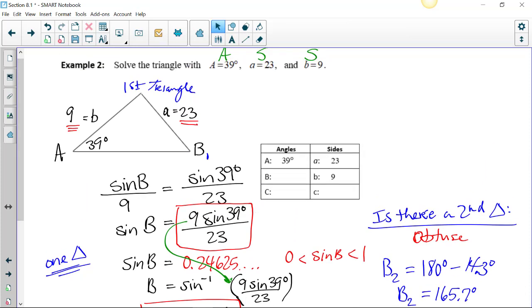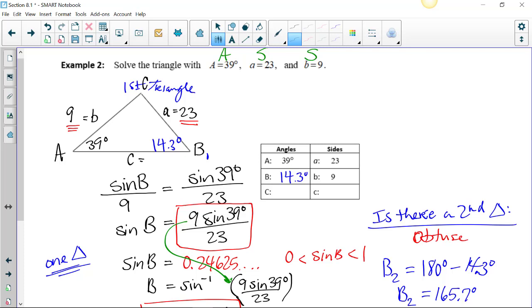So if I bring this down here, I know my angle B then is 14.3. You could put 14.3 in here and then continue solving. We'll do it one more time just for a review, which means I need angle C, which is going to be up here, and then I need the side opposite.